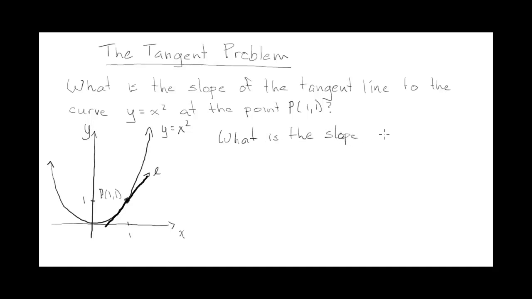Now, here's the problem. We know from grade 9, or wherever you learned about slope, you need 2 points in order to calculate the slope of a line. But with this line, we only have the point (1, 1). We don't know any other points on the line, and that's where the problem lies.